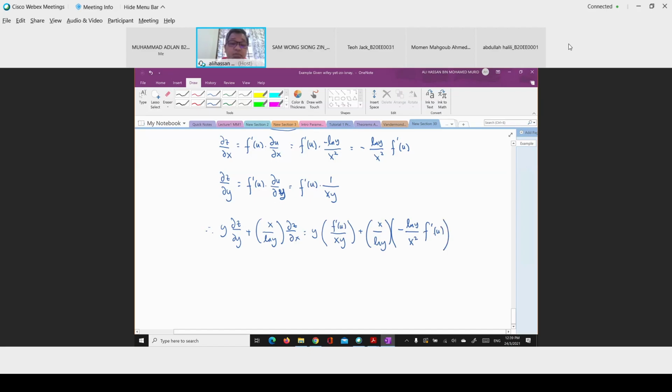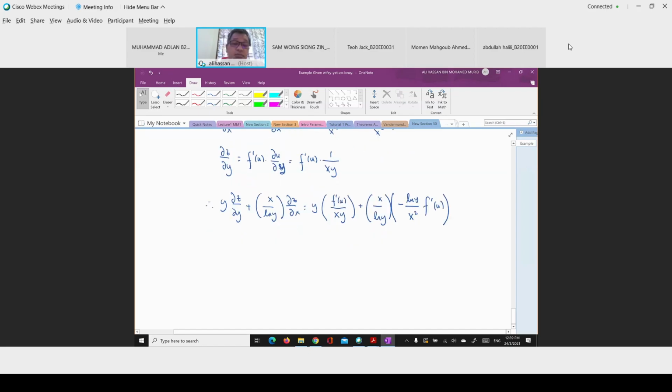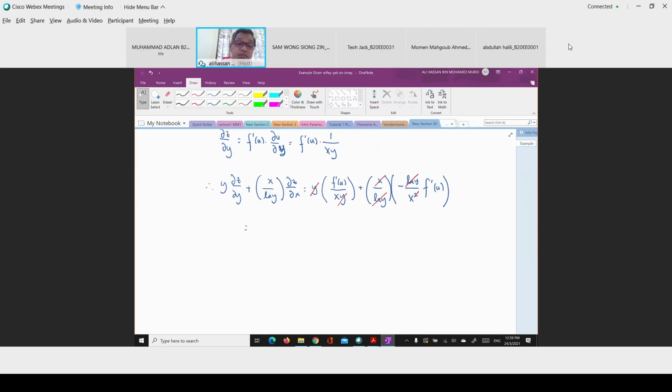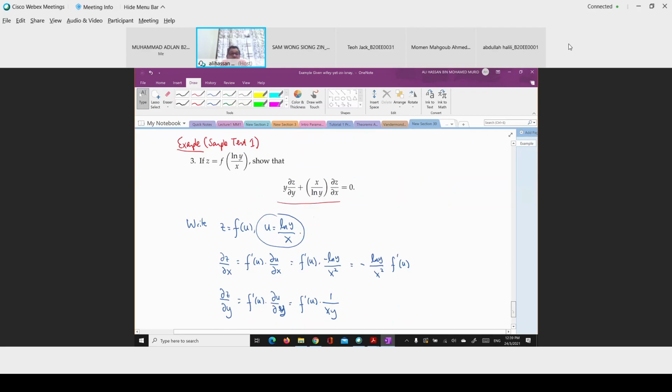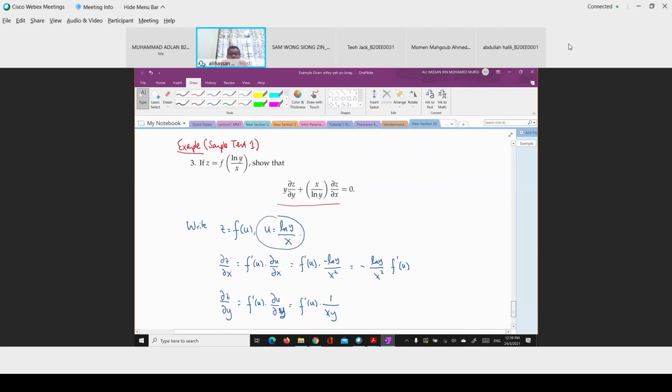Notice we have some cancellations here. ln y cancels out, and the x will also cancel, so what remains is f prime u over x minus f prime u over x. So the result is 0. So we solved this question using the chain rule. The idea is the chain rule here.